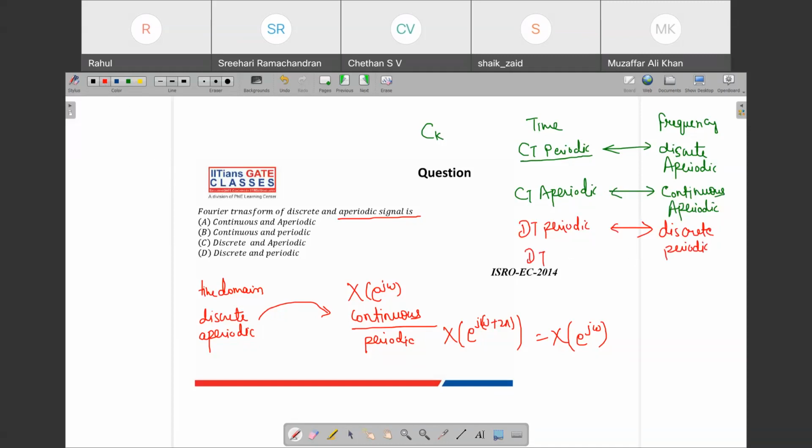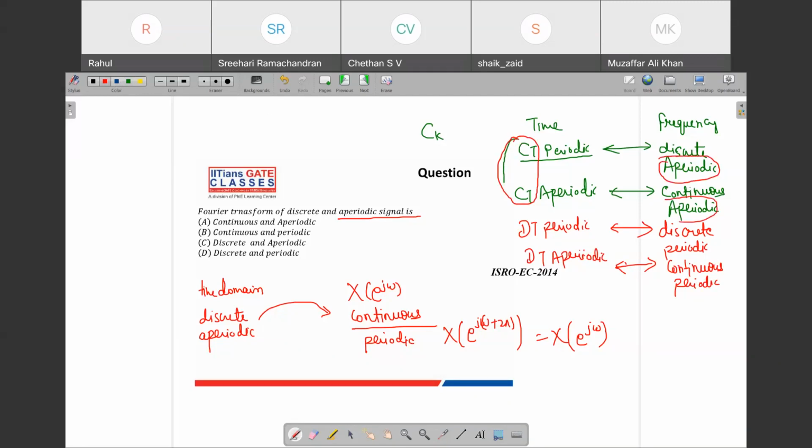And discrete time aperiodic is continuous and periodic. Now you see that whenever the signal is continuous time in the time domain, the common property on the right side is aperiodic.